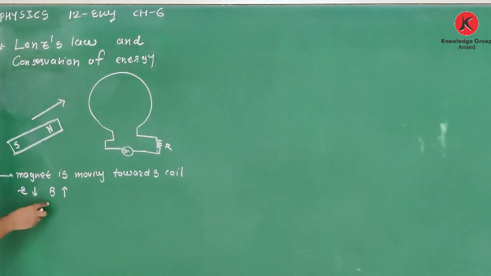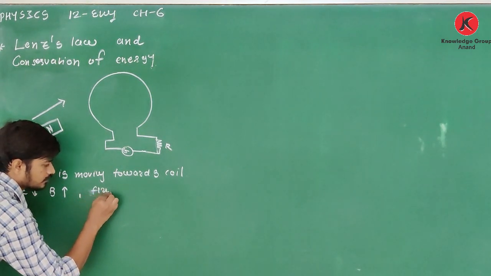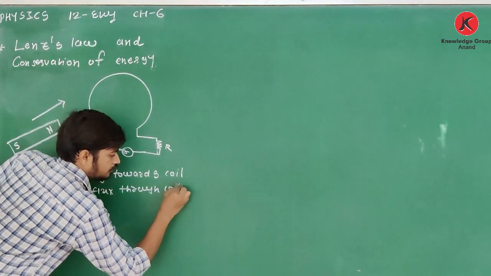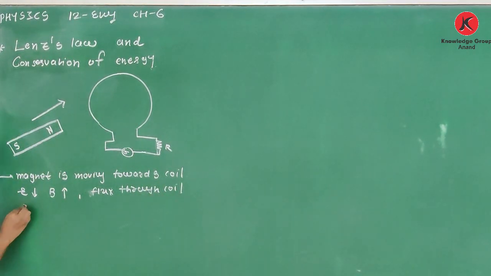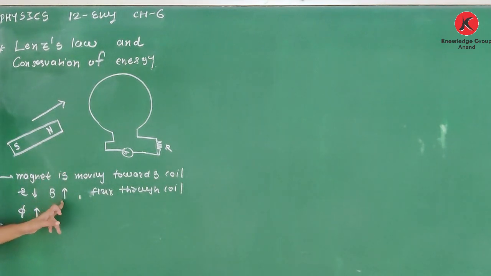So the flux through the coil, that is phi, increases. Simple. The magnet is moving towards the coil, the magnetic field increases, the magnetic flux through the coil increases.